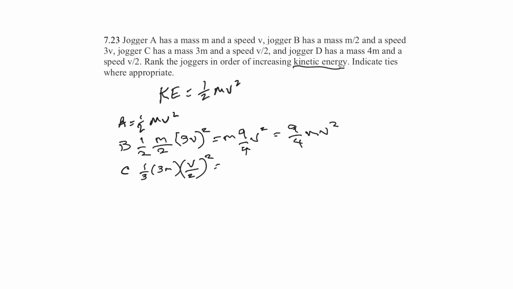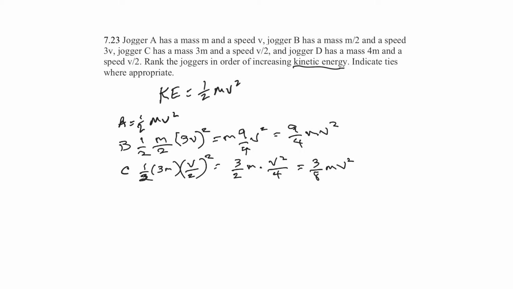So this is 3 over 2 times m times v squared over 4, right? So when you multiply that, that's going to be 3/8 mv squared.